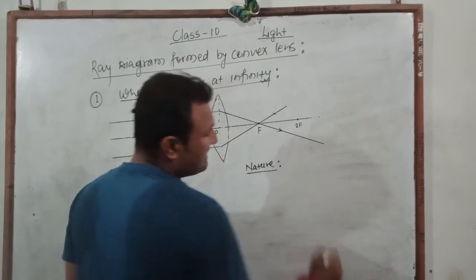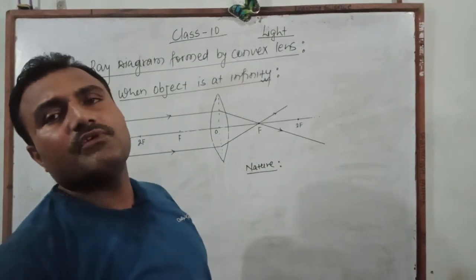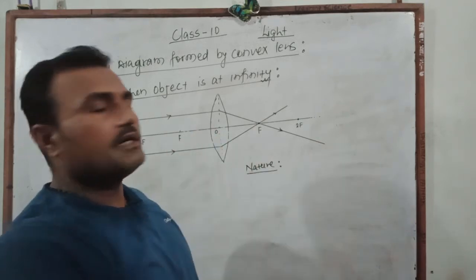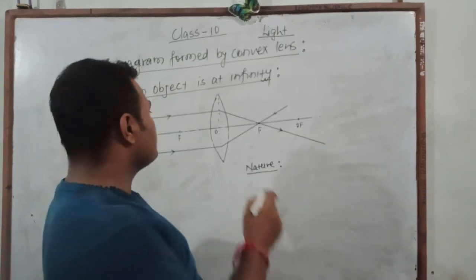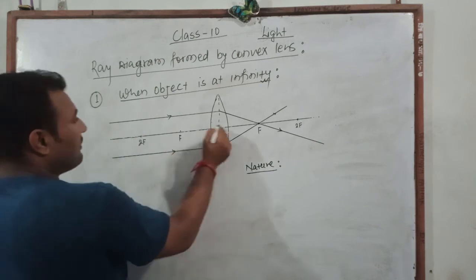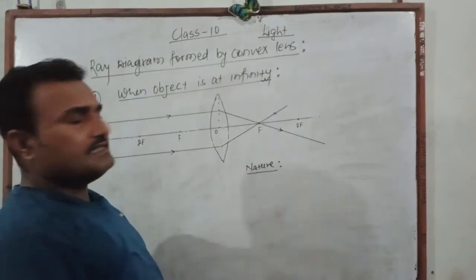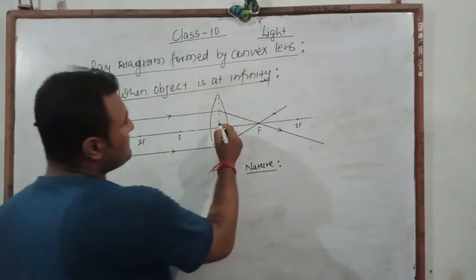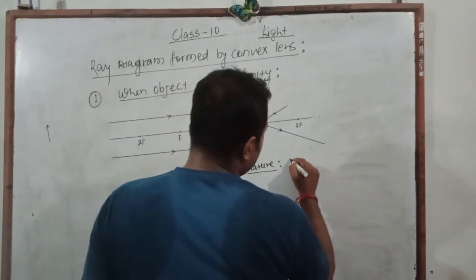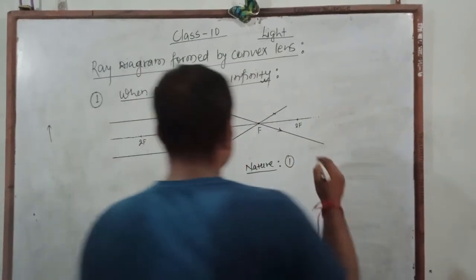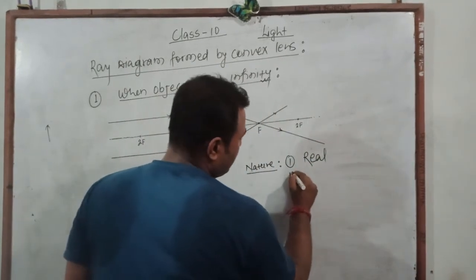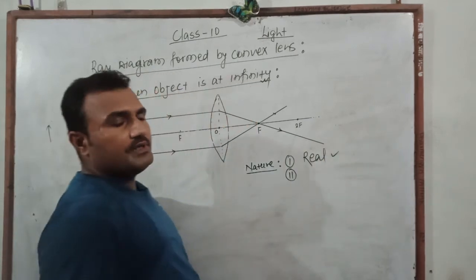We already discussed that a convex lens generally forms a real image, and a real image is found in the inverted state. How do we know it is real? The object is towards the left side of the lens at infinite distance, then its image is formed on the right side of the lens, and therefore the first nature of the image is real. Next, a real image is always inverted.